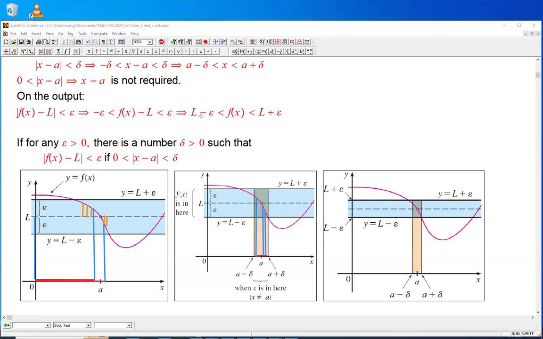So in summary, for those inputs x from A minus delta, for any required closeness, which is given by epsilon, which you can require to be any value, we have an input interval to make it happen, so that all those outputs corresponding to the inputs in that interval fall within the double epsilon strip.